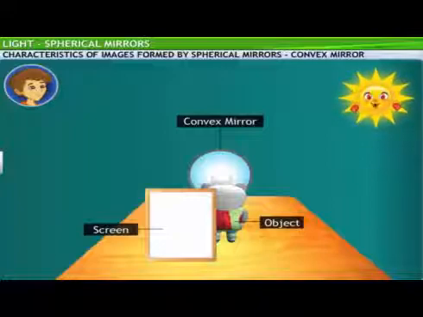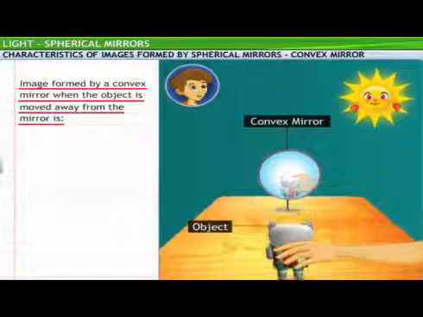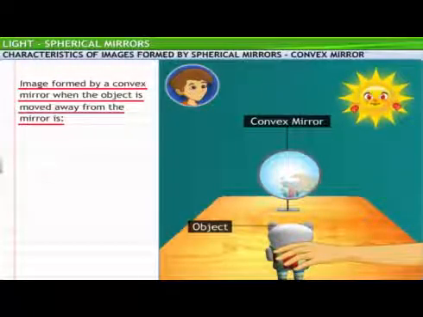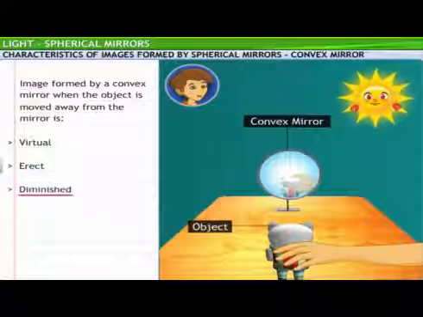Are there any changes? As I moved the toy further away from the mirror, I noticed that the image formed was virtual, since it did not get captured on the screen. Erect, as it showed the object upright, and diminished, as the image was smaller than the actual object.